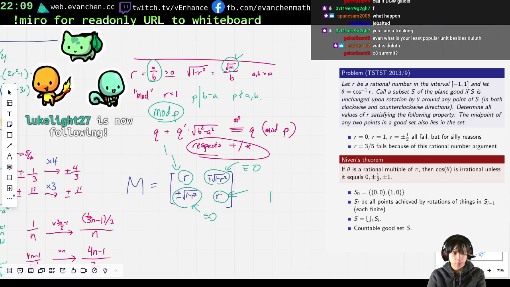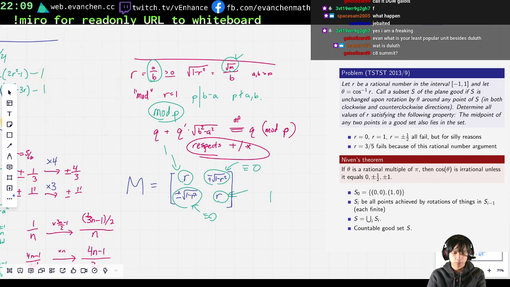It's equivalent to reflection, right? If I work mod 7 for 3/4? Oh, actually, it's not quite true that it's this matrix.